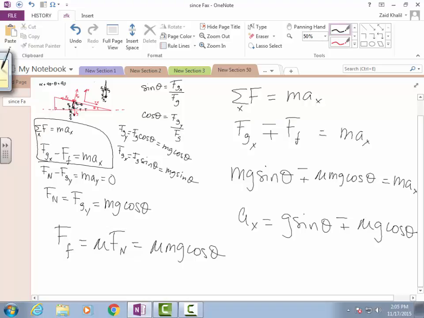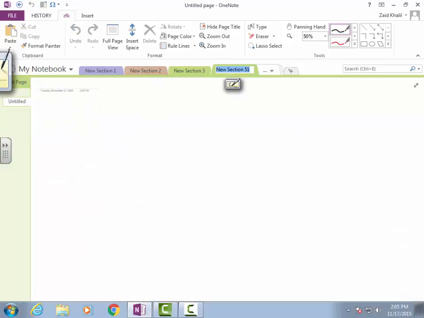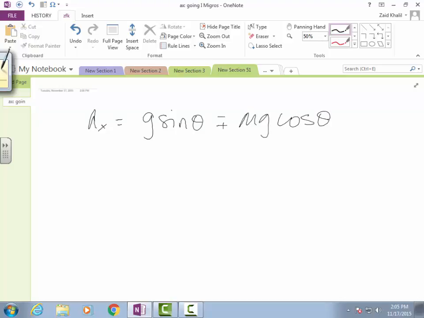So now the first thing we have to do is test the reasonability of this. The first thing we do to test the reasonability of this is we turn off friction. So here's our expression. Our expression is a_x equals g sine theta minus plus mu g cosine theta. Turn off friction, meaning mu equals 0, implies a_x equals g sine theta.